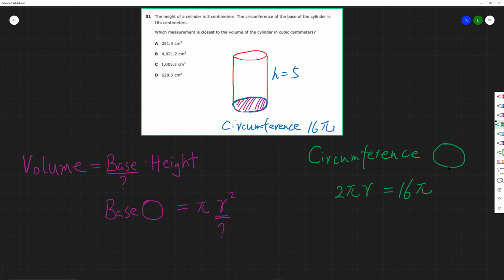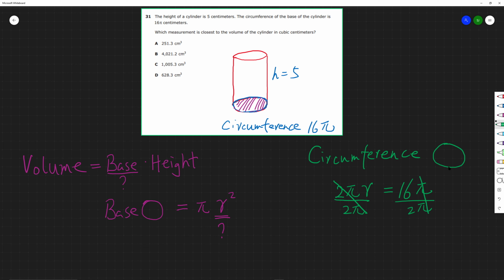Now, based on this equation, we can actually find out what the radius is. If we just want the radius, we can divide by 2 pi on both sides, right? After we divide, this 2 pi and 2 pi will cancel, and this pi and pi will cancel.